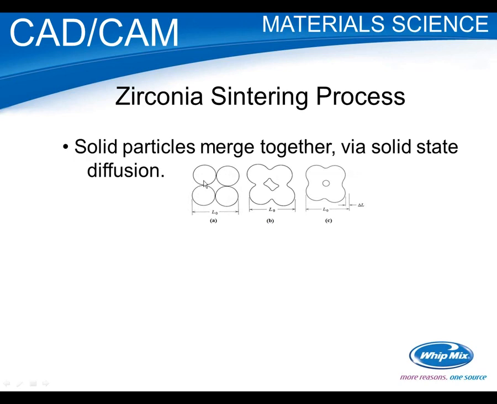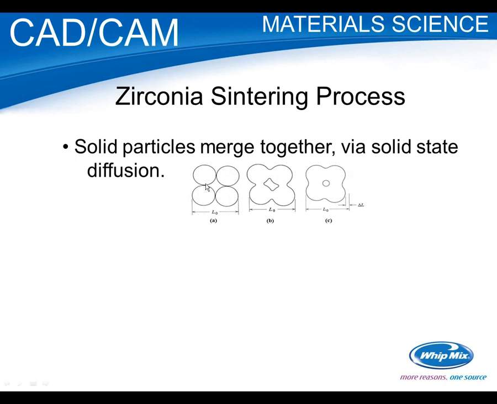These are the particles, and within these particles are zirconia crystallites, and they're already in the stabilized tetragonal form. When you heat it, you are not converting it from the monoclinic to the tetragonal. It's already in the tetragonal form. The powder manufacturer doped it and got it into that form.